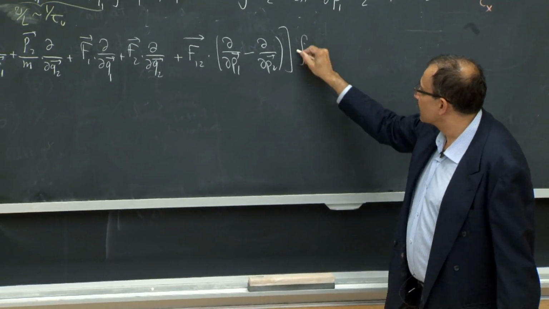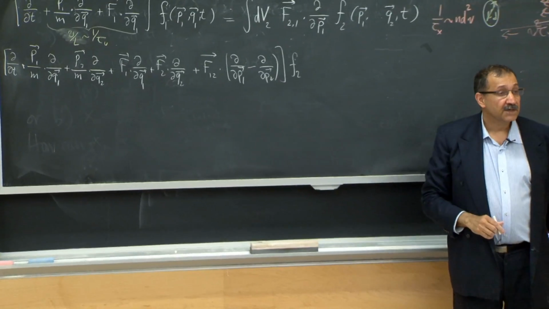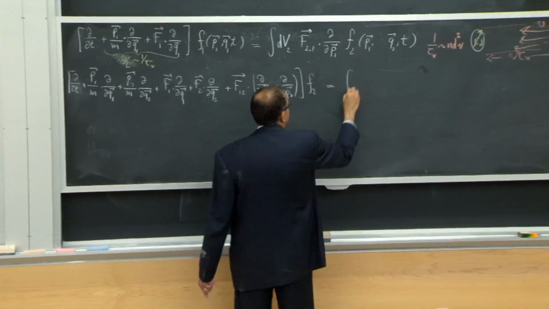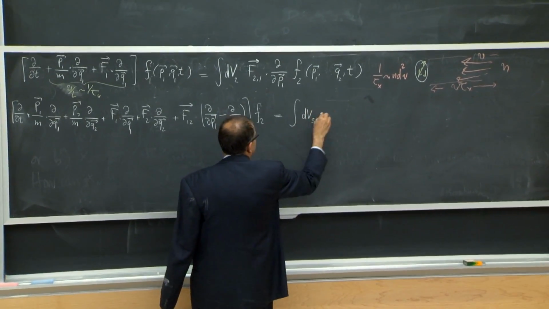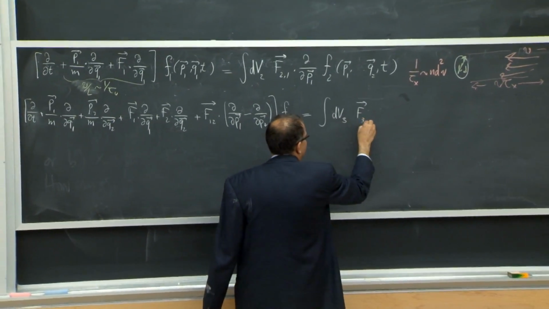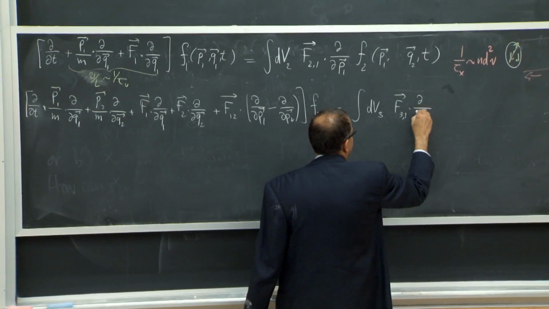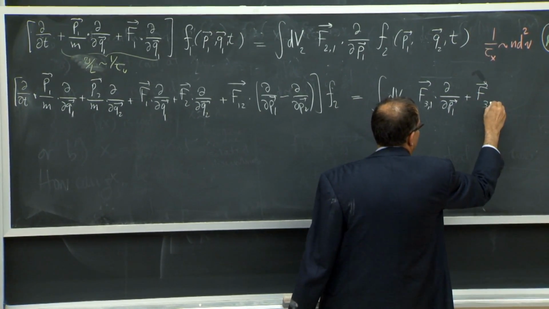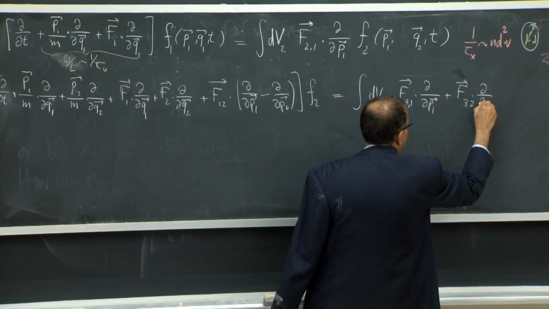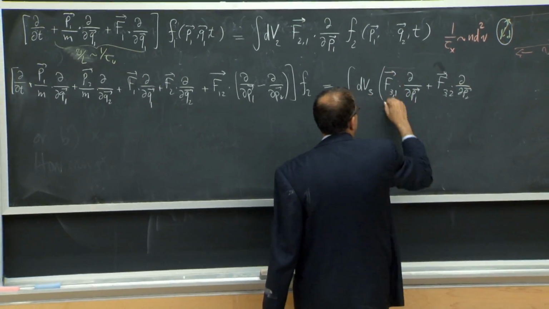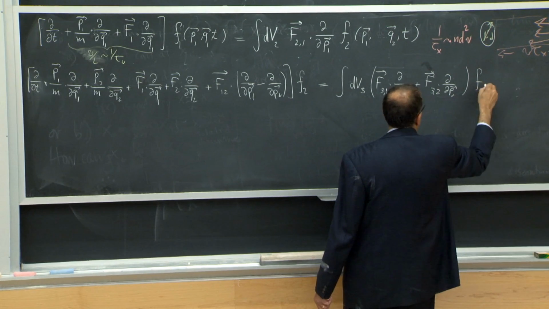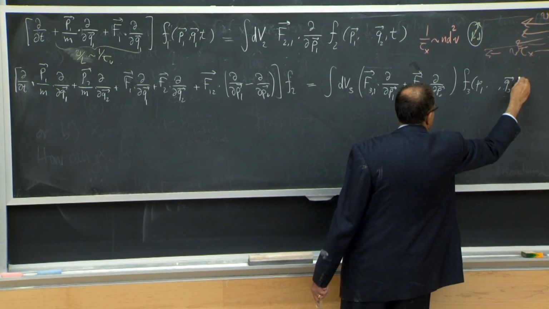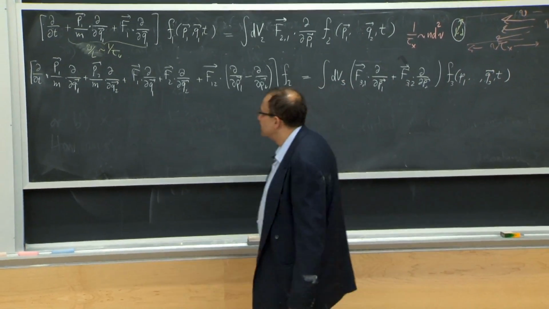This acting on F2 is then equal to something like integral over V3 F31 d by dP1 plus F32 d by dP2 acting on F3 P1 through Q3.